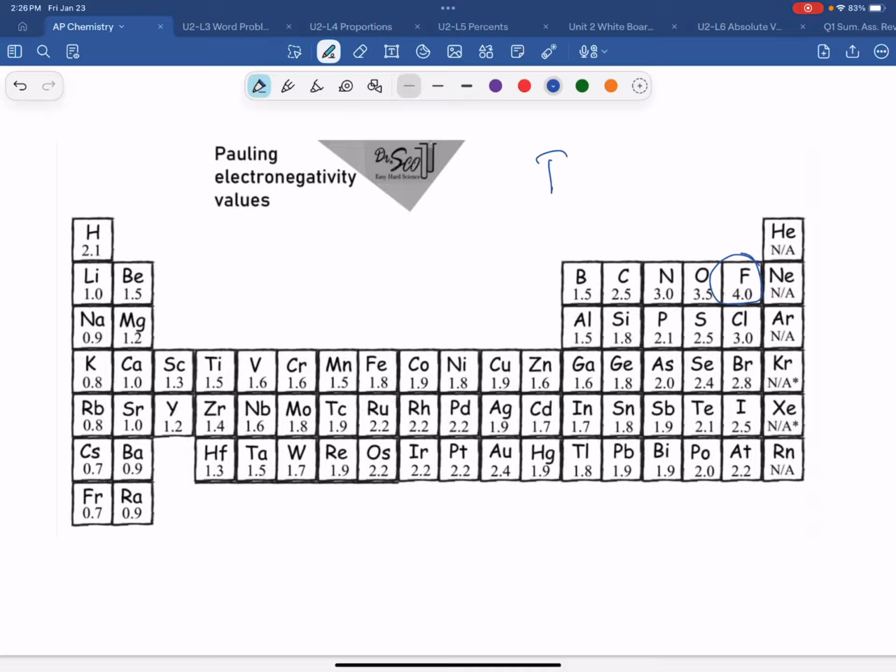Okay, so this chart is on page 10 of your binder. Fluorine is our most electronegative element, and then we're going to compare electronegativities. So as you get further away from fluorine, you get less electronegative, okay? And if they have the same electronegativity, then it's a nonpolar bond, okay?